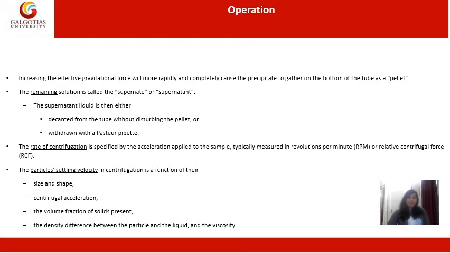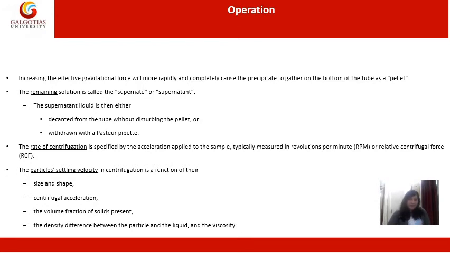The supernatant liquid is then either decanted from the tube without disturbing the pellet or can be withdrawn using a Pasteur pipette. The rate of centrifugation is specified by the acceleration applied to the sample, typically measured in revolutions per minute, or RCF, that is relative centrifugal field.